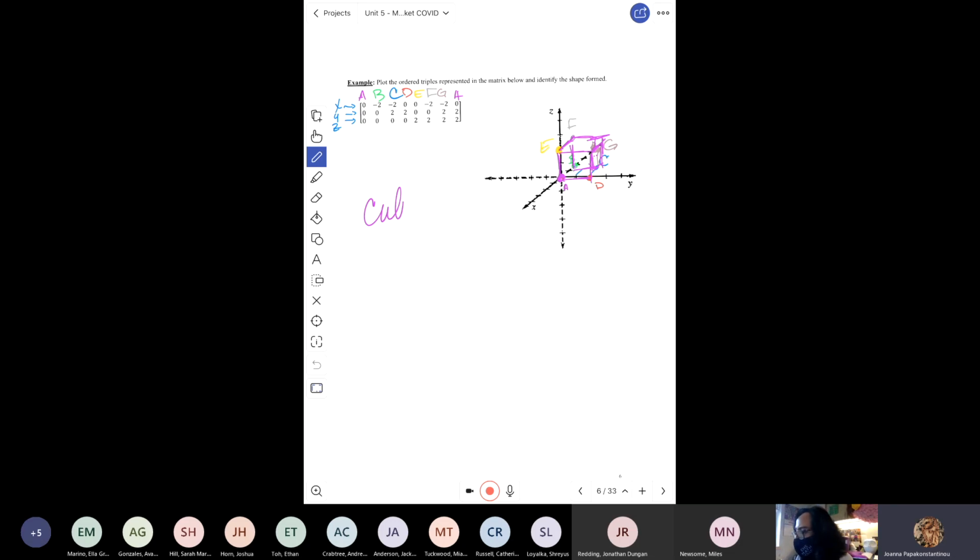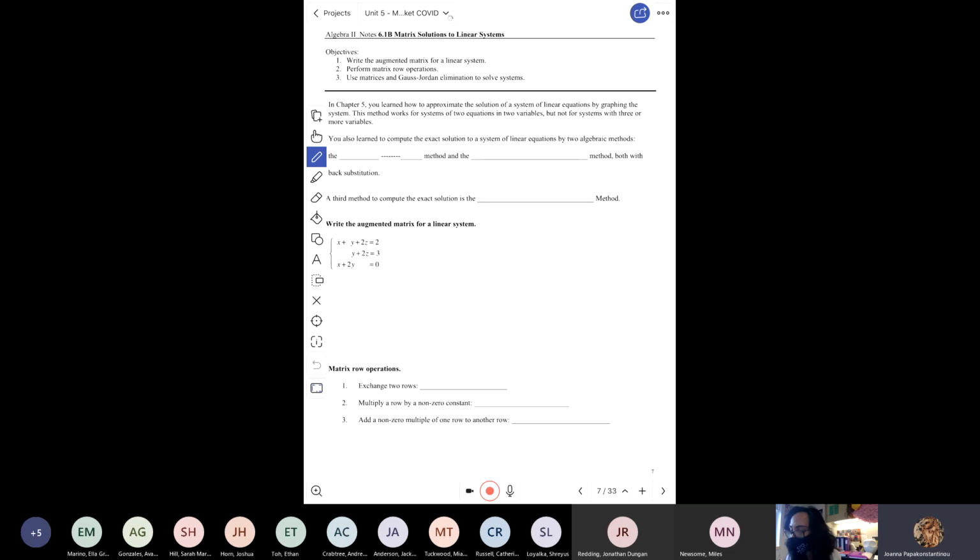All right, so we can use matrices to represent data. It can be geometric. It can be all sorts of things. Let's keep it going. Let's talk about how to continue on using matrices to solve systems of linear equations. Now, we talked about different ways to solve systems.